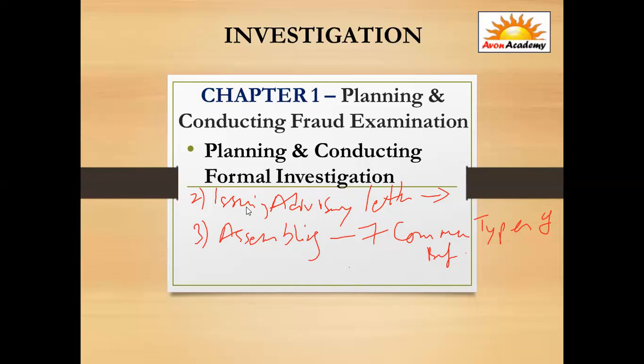And the do's and don'ts of selecting the team members are very important, because they are going to help you identify the investigation leader. So one of the persons will be acting as an investigation leader.